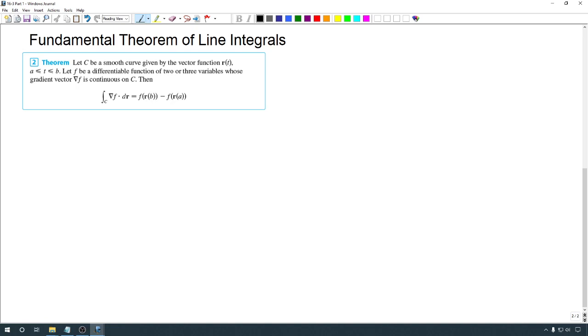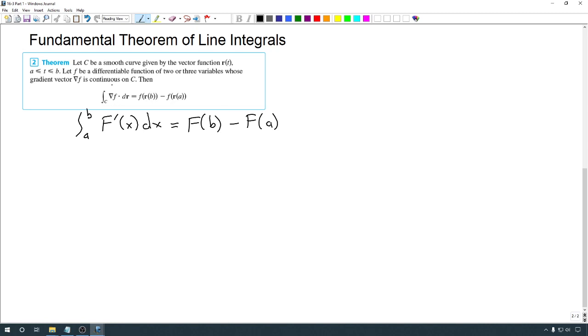Basically, if we have any smooth curve and we have a differentiable function of 2 or 3 variables, then we can integrate its gradient by just evaluating that function at the endpoints of our curve.